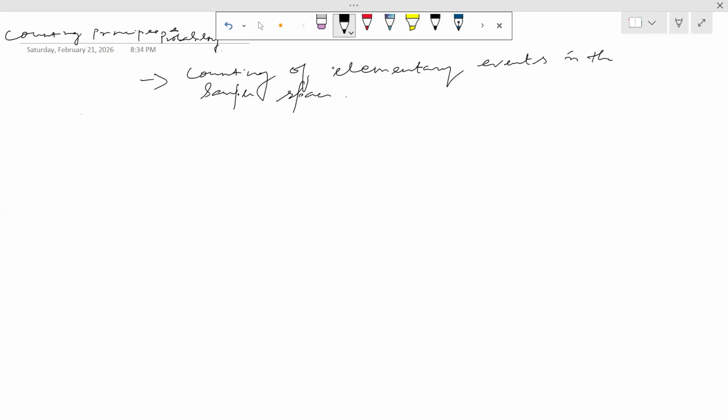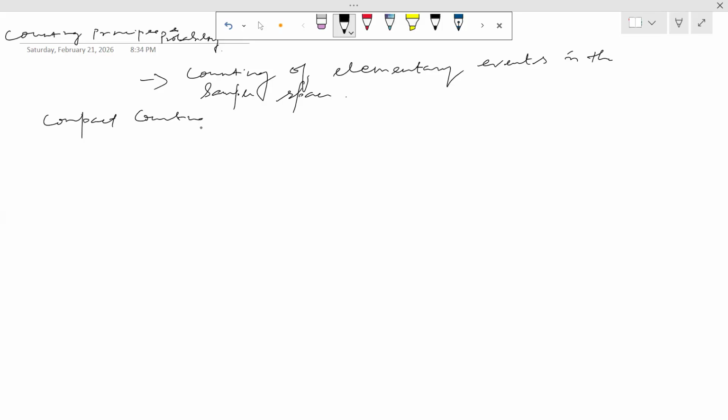But in many examples what happens, the counting of outcomes may be tedious, like that day Bhakti madam was saying, right, that in the exam it will be very difficult to calculate all the events, and it will take a lot of time. So the counting of outcomes may be very lengthy unless you use some compact counting methods.